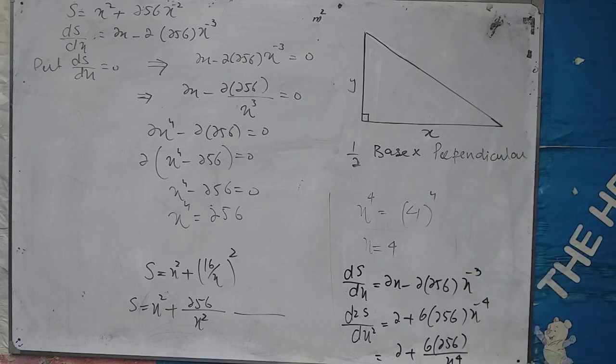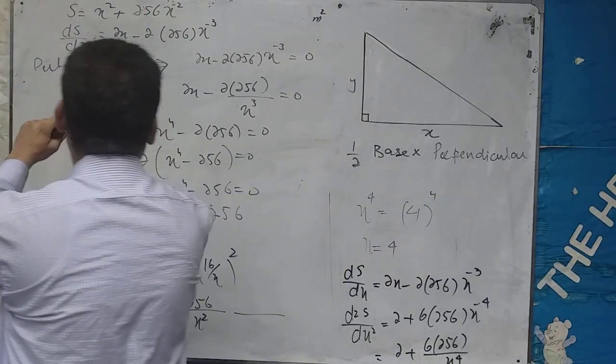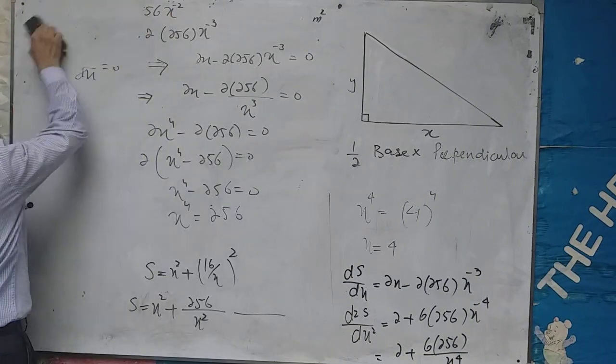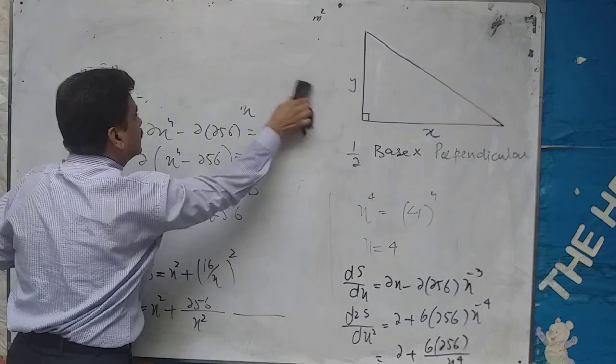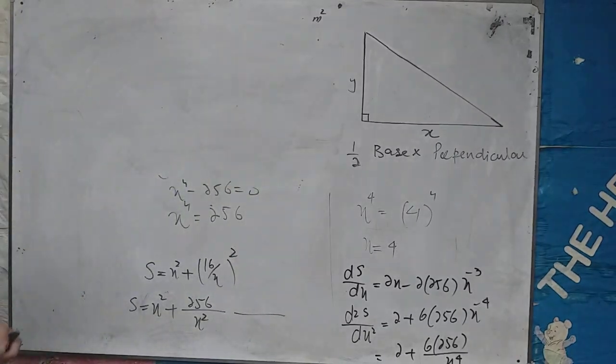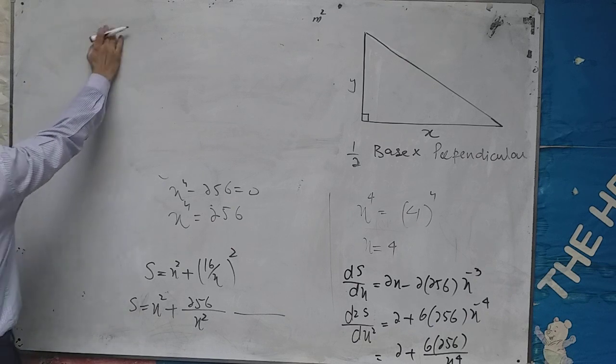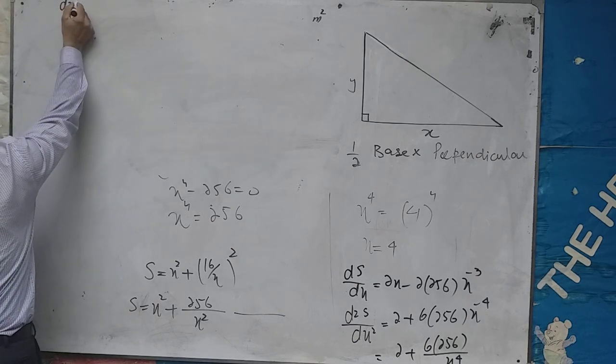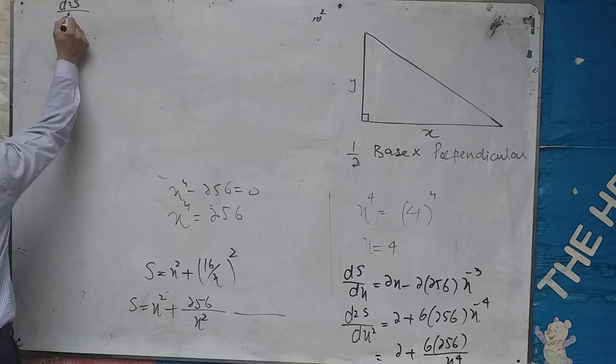We now put x equal to 4 in the second order derivative d2S by dx square.